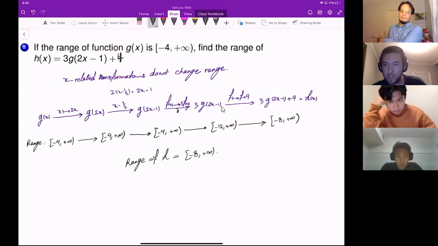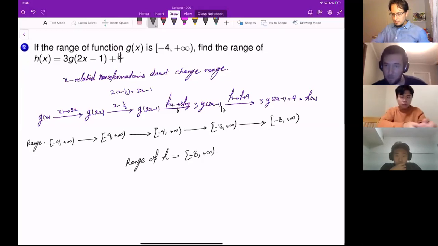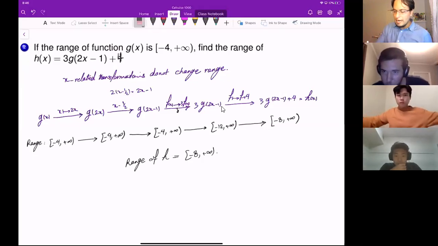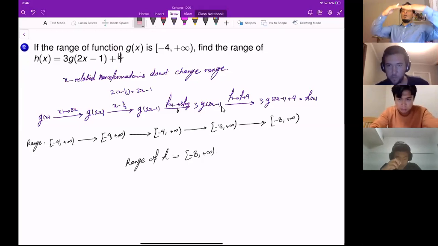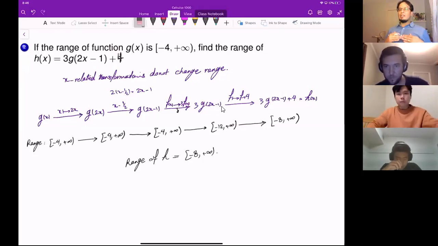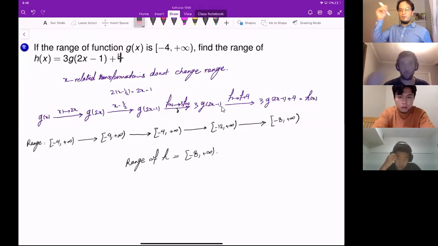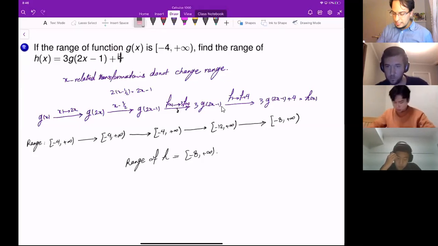I think there is a question about this problem. Can you please explain again why -12 goes to -8 on the range? The sound was laggy on my side. Okay, so we are adding 4. So we are shifting everything up 4 units. We are adding 4 to all the values of y. So this goes from -12 to infinity.